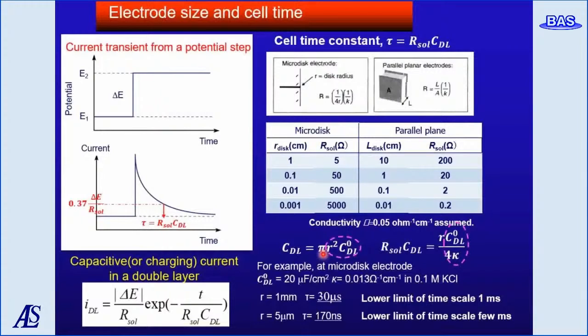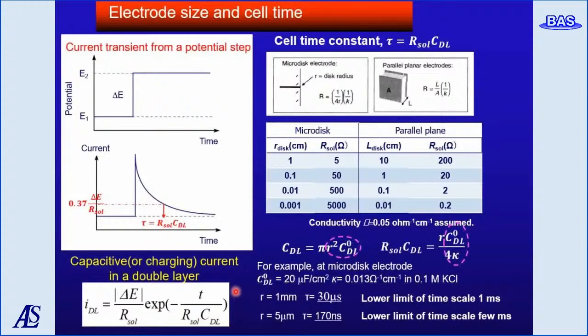Electrode size and cell time constant also play an important role for transient electrochemical measurements. The current decay by the potential step is given by these equations, in which solution resistance and double-layer capacitance are involved in the cell time constant.